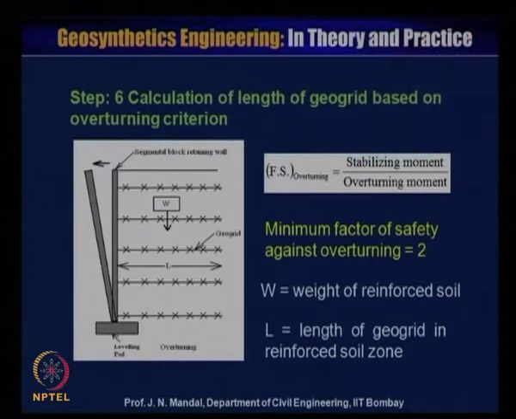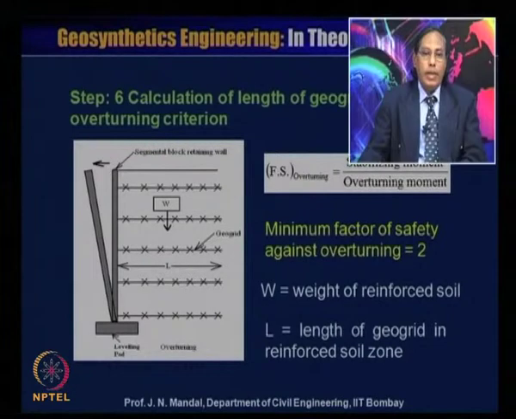Let us consider the minimum factor of safety against overturning is 2. This is the weight of the reinforced soil, L is the length of geogrid in the reinforced soil zone, and there is a leveling pad. You have to take the moment at the toe of the wall.